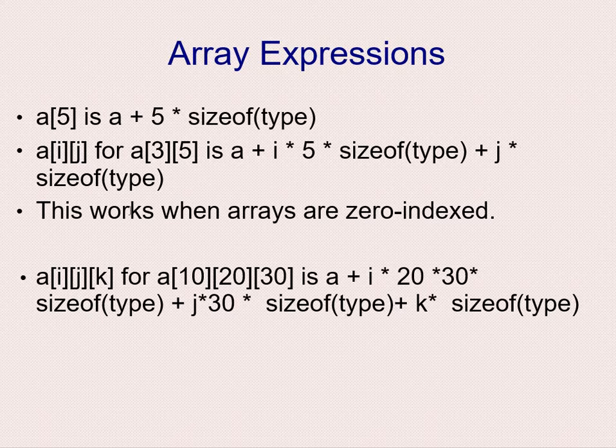This works when arrays are 0-indexed. Suppose we have a 3D array like a[10][20][30]. How do we calculate the address? It will be a + i * 20 * 30 * size of type, plus j * 30 * size of type, plus k * size of type. In this manner we can find the length.